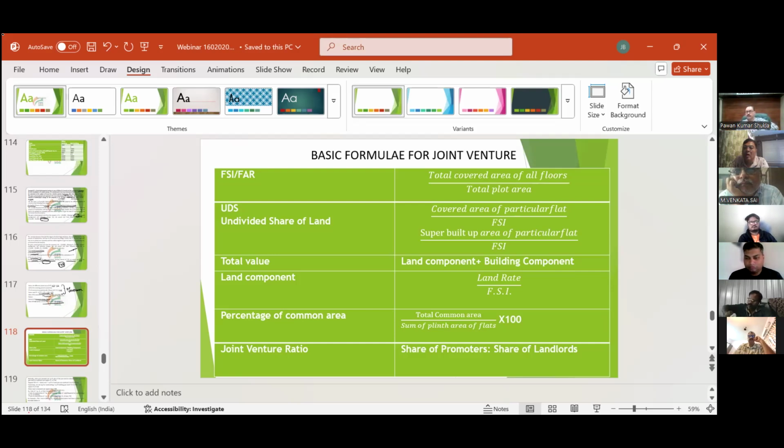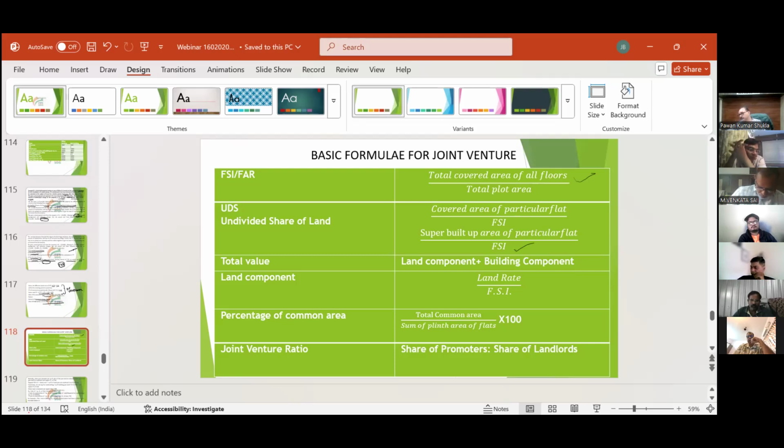We'll be taking some case studies based upon joint venture. For joint venture, you have to remember certain formulas. FSA or FAR equals total covered area of all floors divided by total plot area. Undivided share of land is the super built up area of the particular flat divided by FSI.